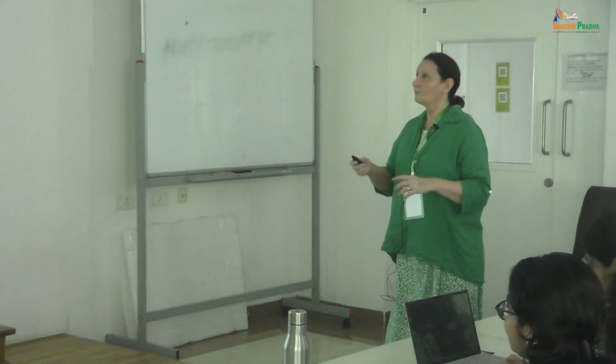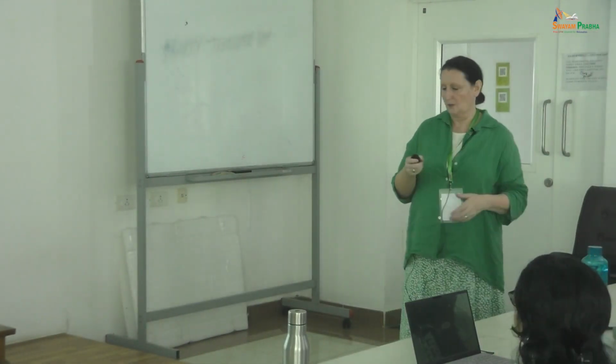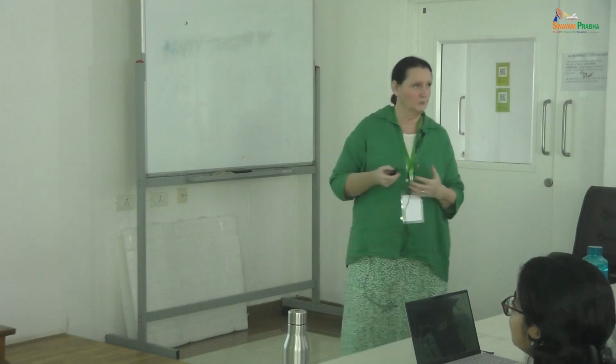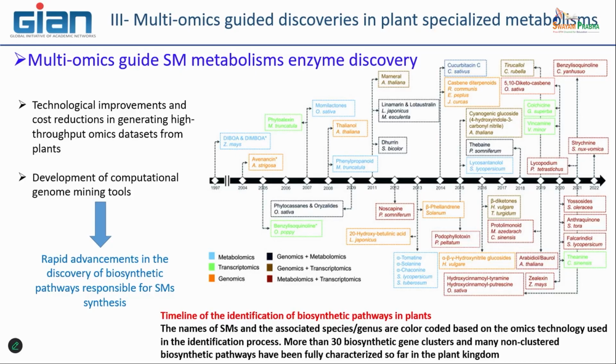So, what happens now? Because all of these strategies I show you are classical strategies. So now what we can observe, it's a complex figure, I know, but it is a nice one. This is why I have put it, and I propose you to discuss it a little bit.